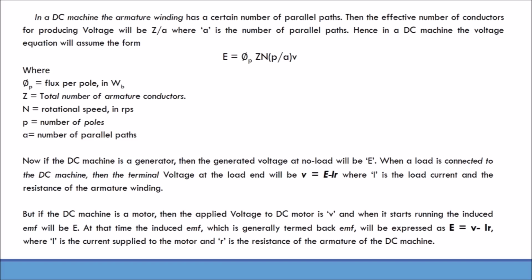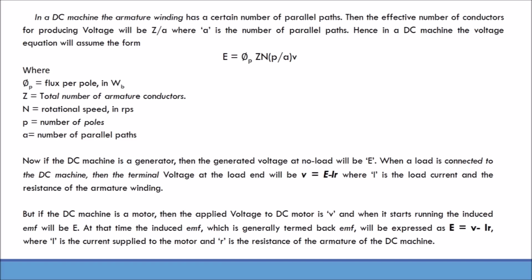Hence, in a DC machine, the voltage equation will take the form E equals phi p Z N p by A volt, where phi p is the flux per pole in Weber, Z is the total number of armature conductors, N is the rotational speed in RPS, P is the number of poles, and A is the number of parallel paths.